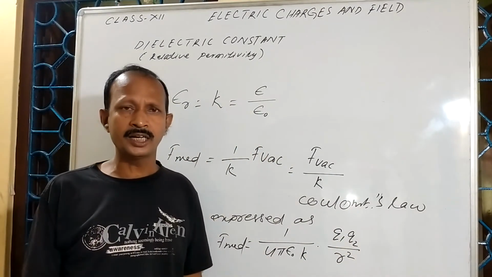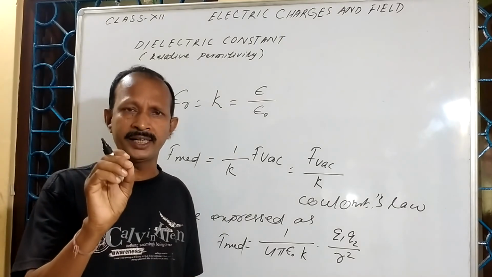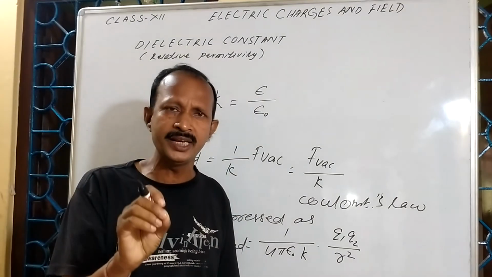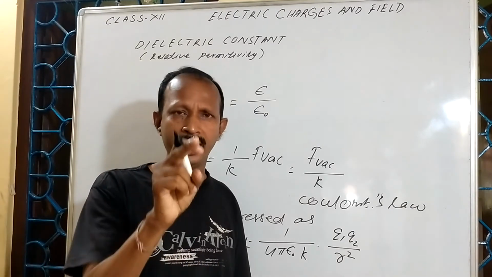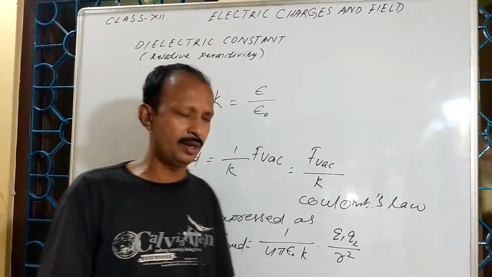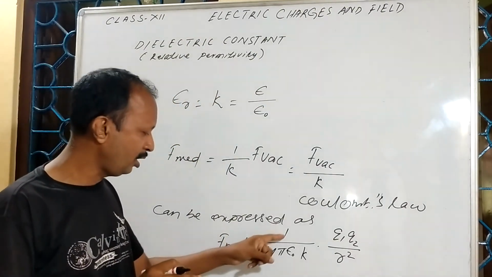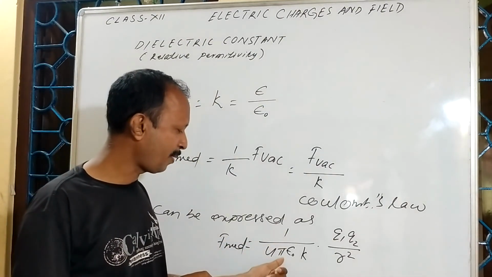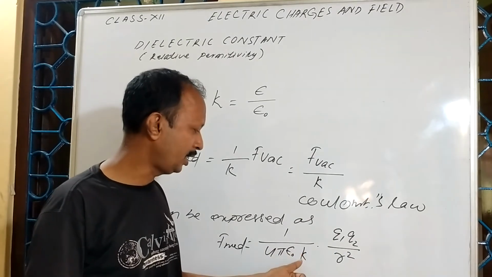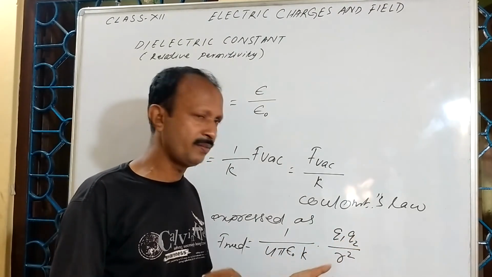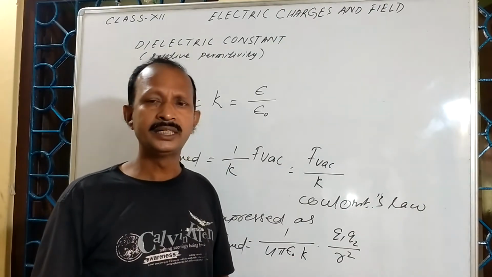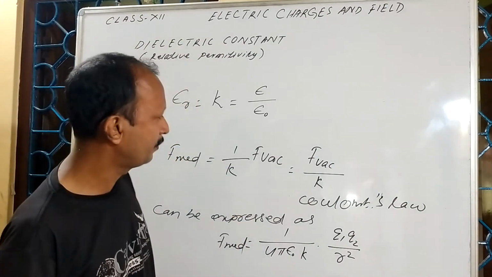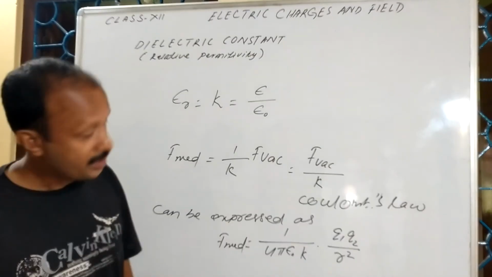Here I said that if the two charged particles are present in a medium other than air or vacuum, then according to Coulomb's law, the force in that medium will be 1 by 4 pi epsilon naught K into Q1 Q2 divided by R square, where K is the dielectric constant.